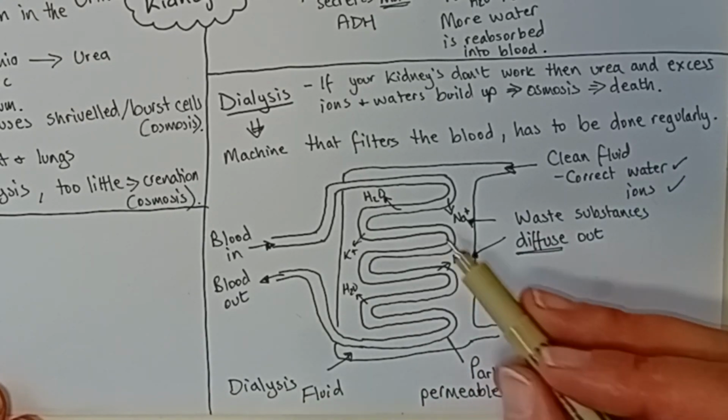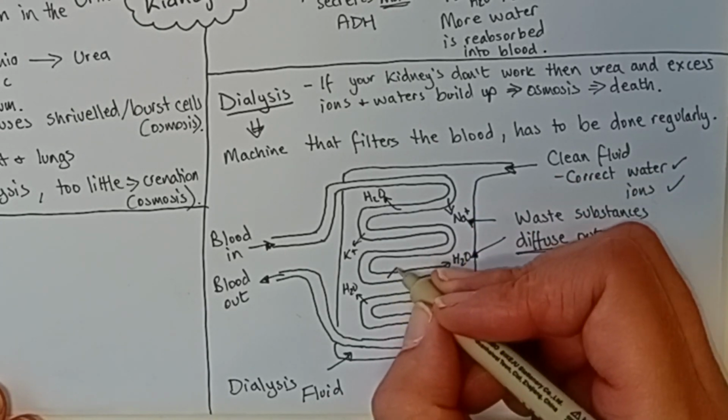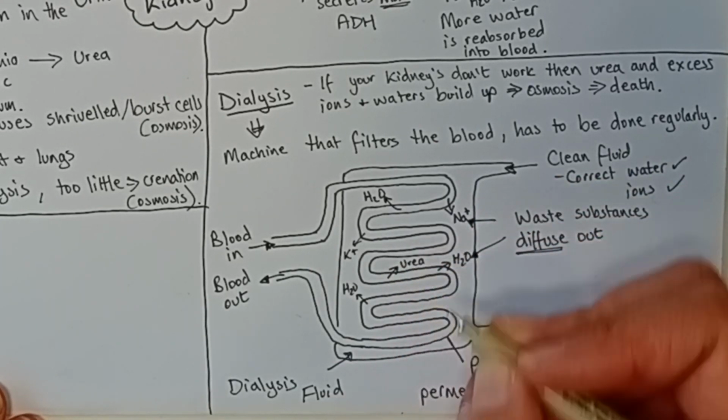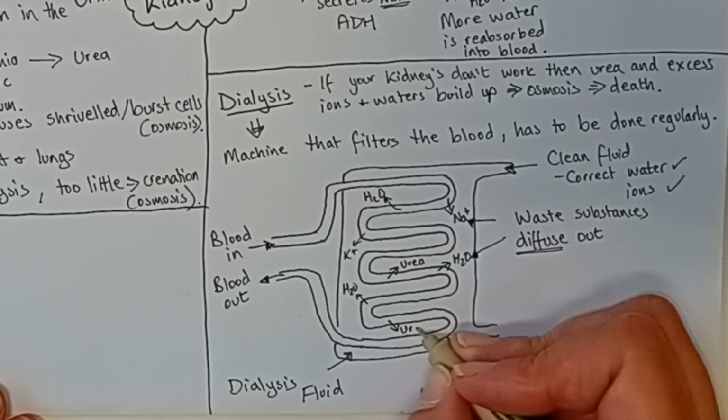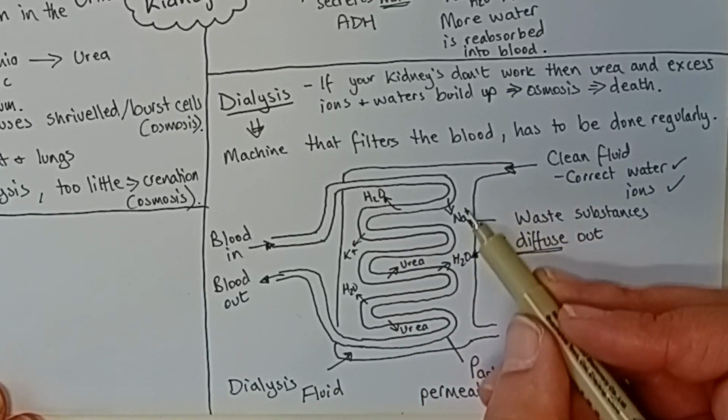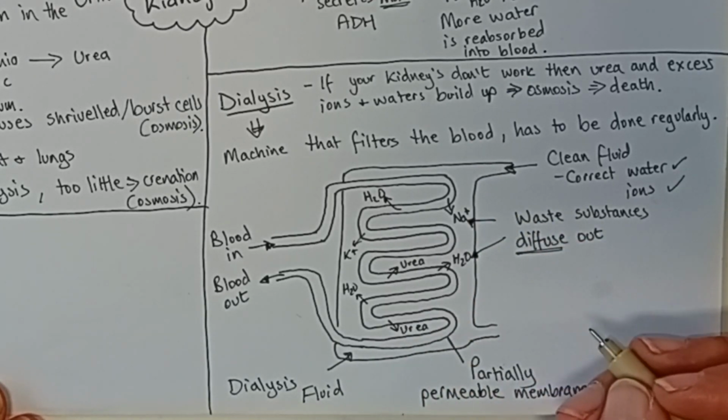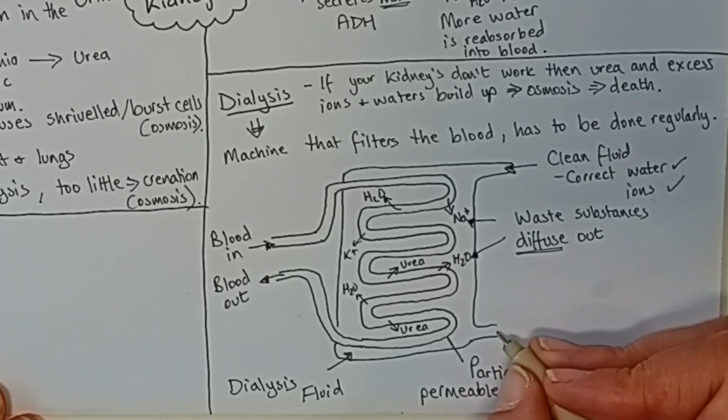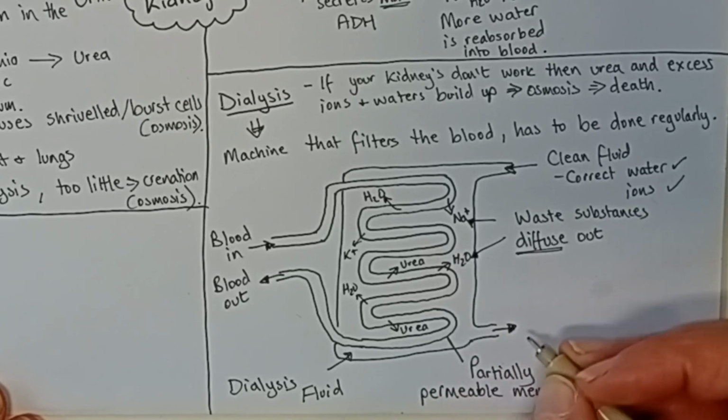Also remember, there's no urea in here, so any urea will move out or diffuse out down a concentration gradient into this liquid out of the blood. The dirty liquid then is removed.